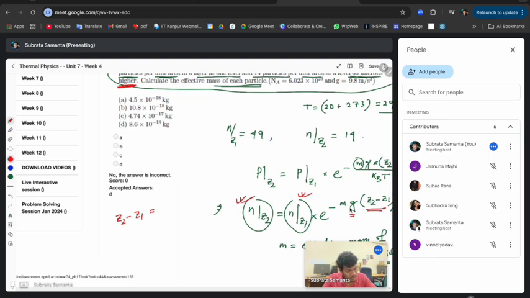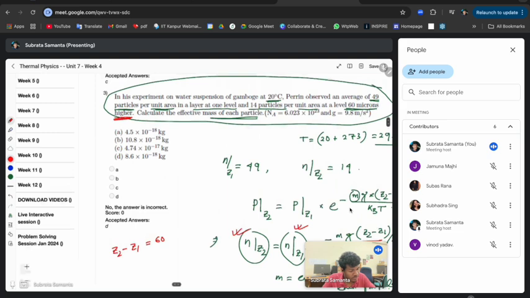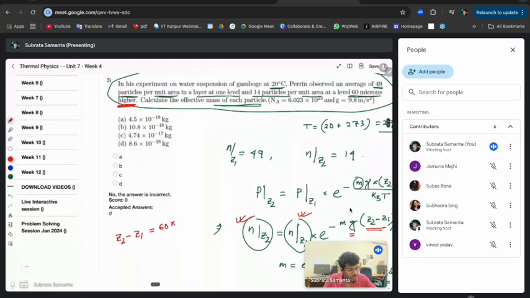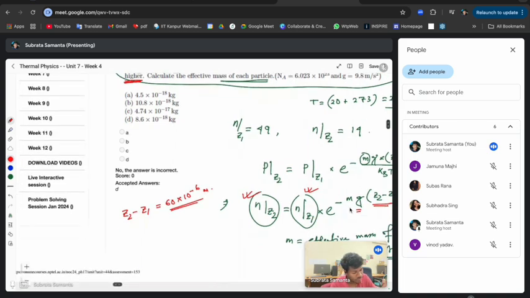I will use SI units because the answer is given in SI units, kg. So 60 microns in SI units, one micrometer is 10 to the power minus 6 meter, so z2 minus z1 is 60 times 10 to the power minus 6 meter.